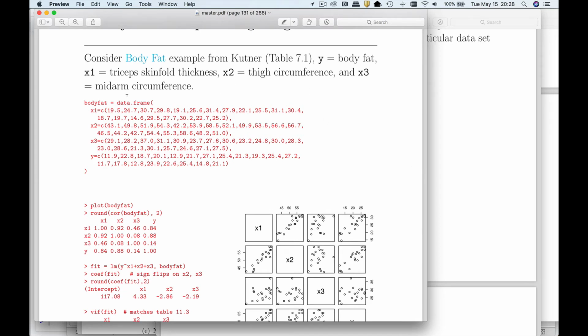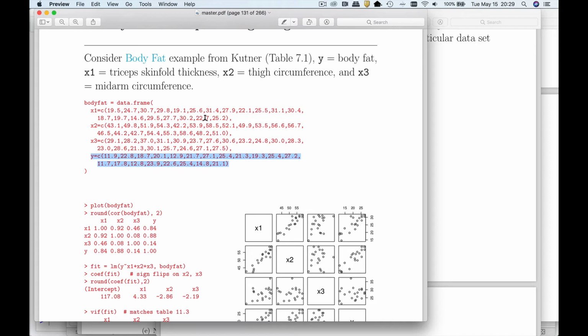So we're going to measure some other variables. We're going to measure the tricep skin fold thickness, the thigh circumference, and the mid-arm circumference. These are 3 things that we can easily measure. We have a training sample with about 20 cases where we have a gold standard measure of body fat in addition to these three, let's call them proxy measures.